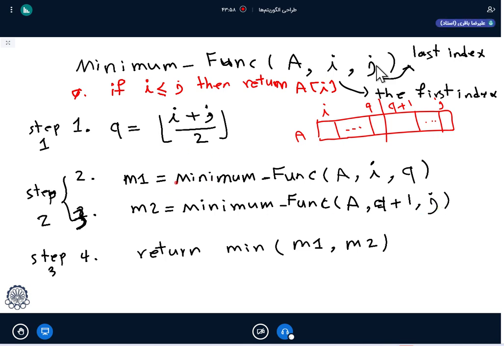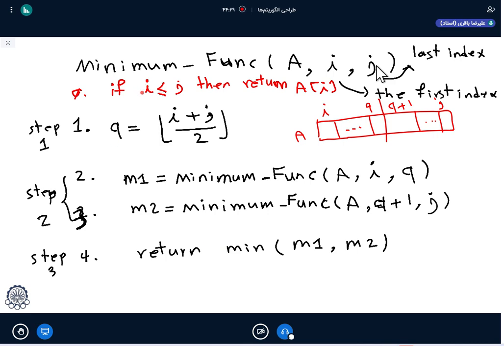We store the answer of the first part in M1 and the answer of the second part in M2, and then in the third step we compute the minimum of M1 and M2 and return it as the total solution, as the minimum of the original array.